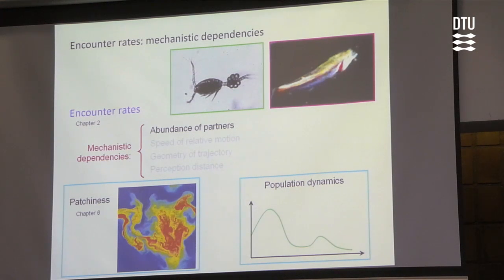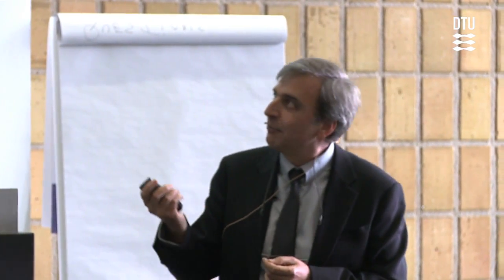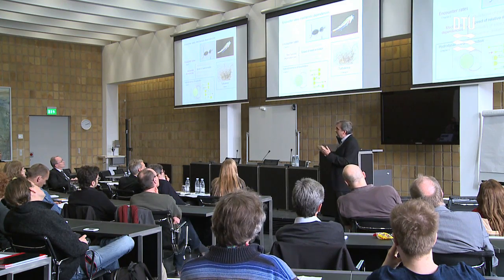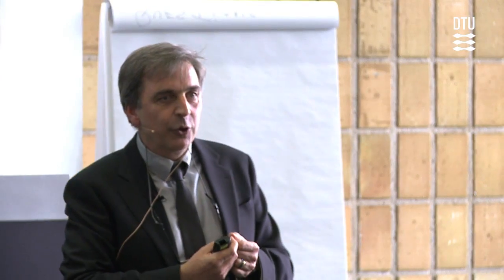And then this is the aspect of abundance of partners, which is an important aspect. It has to do with population dynamics and patchiness. I have a whole chapter on patchiness if you're interested in that. Relative speed of motion: there are two basic aspects of that that are really important. One is the hydrodynamics of locomotion.